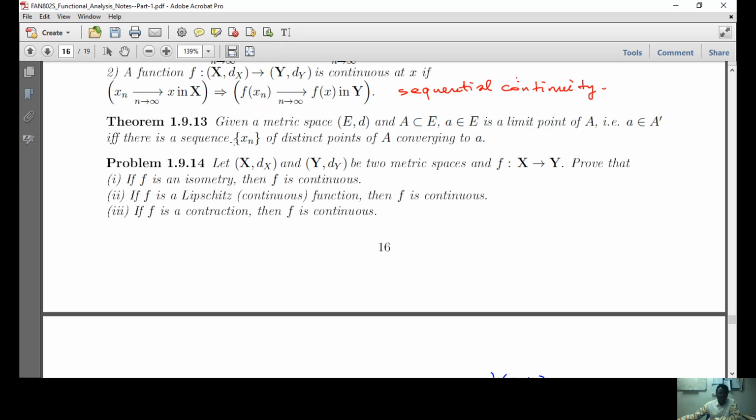Okay, so this theorem tells us that a is a limit point of capital A if and only if you can find a sequence xn of distinct points that converges to a.